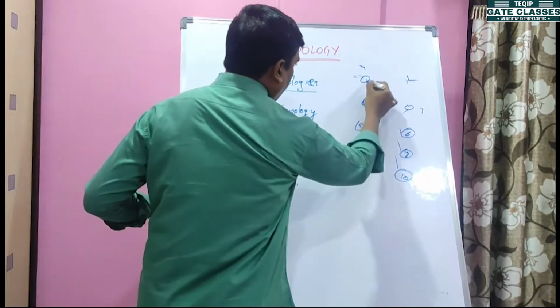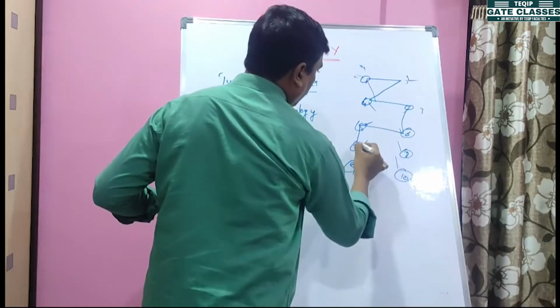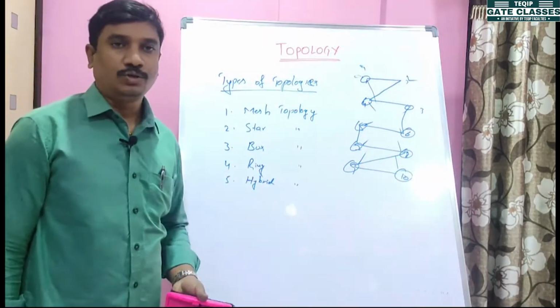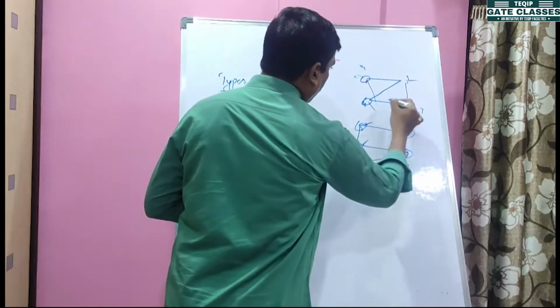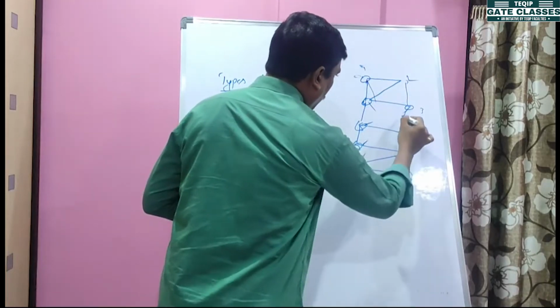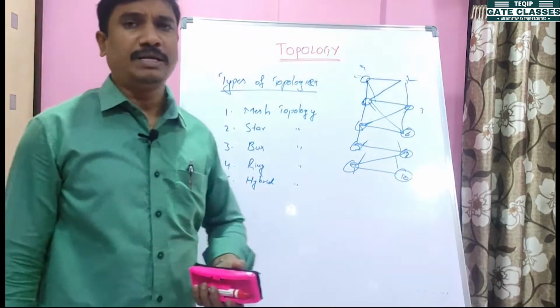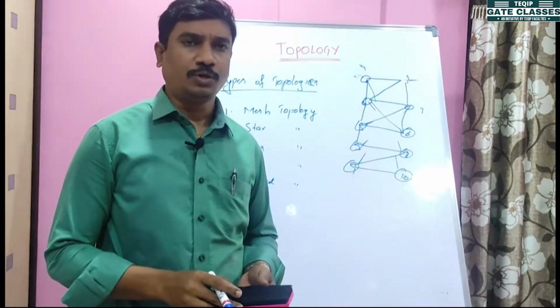I want to connect system 1 to 3, 4, likewise. That is like a ring topology, or a mesh topology. So these are about how I can arrange my systems in proper order. That is the meaning of topology.